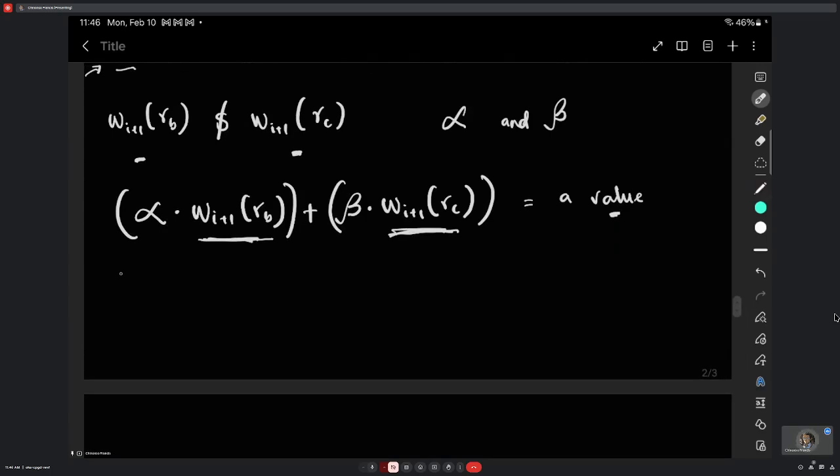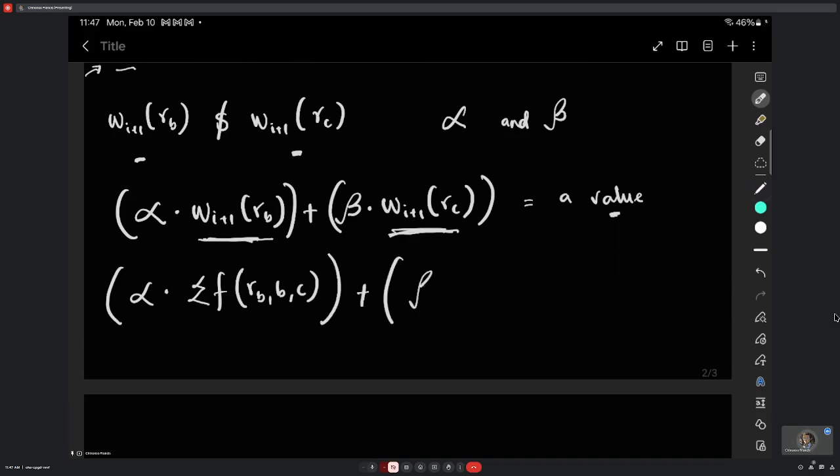We now want alpha times the summation of f of r_b, b, c, plus beta times the summation of f of r_c, b, c, right?